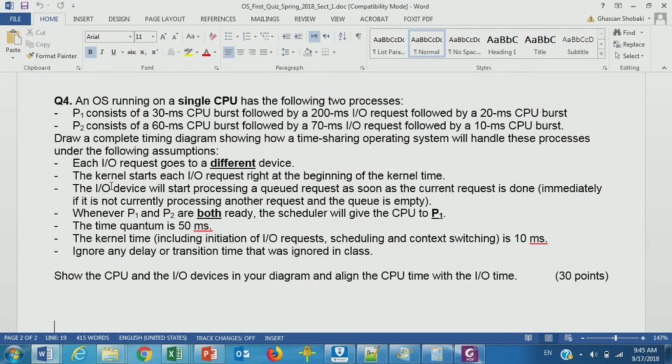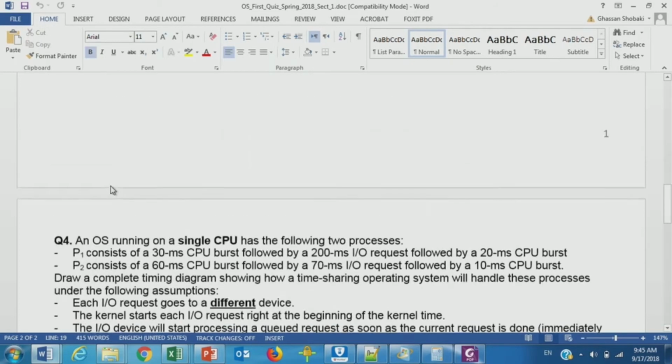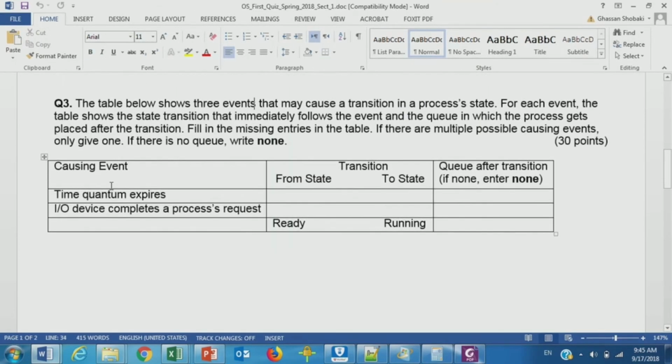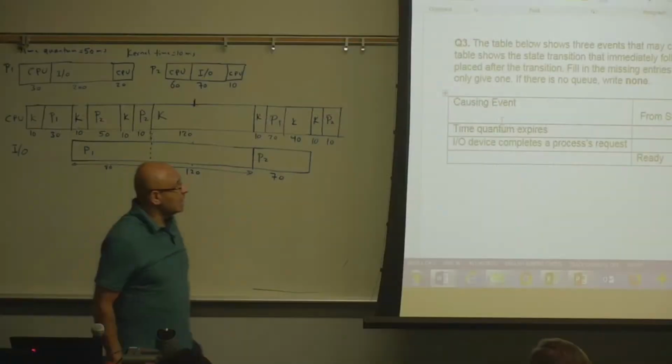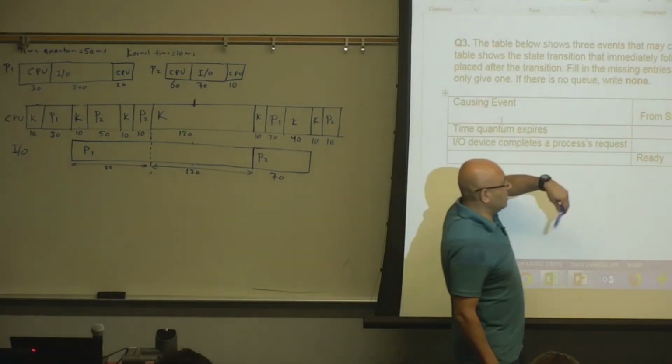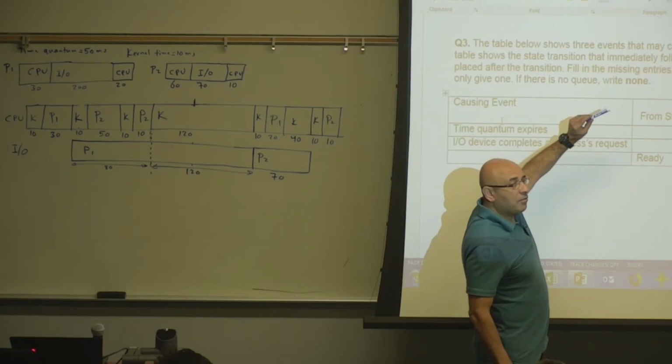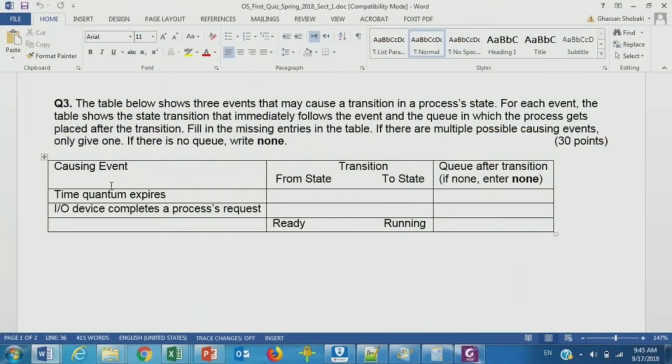Okay, these timing diagrams simulate how the kernel works and how it handles multiple processes. Now let's look at this question. This is about state transitions. You are given a certain event, and the question is, from which state to which state does the process transition when that event takes place, and in which queue will the process be placed afterwards?